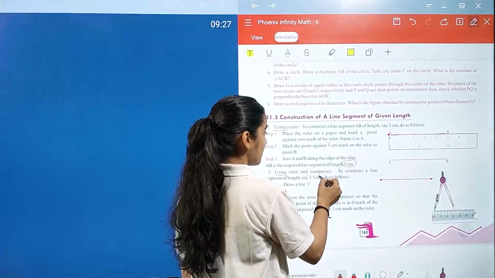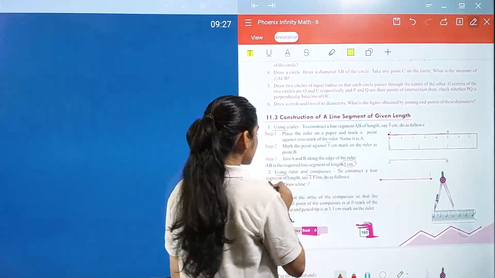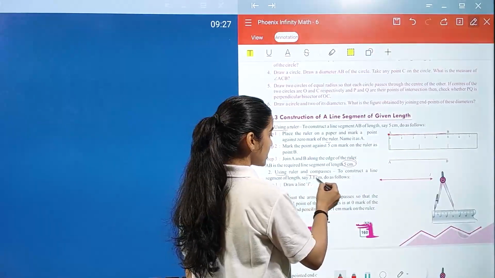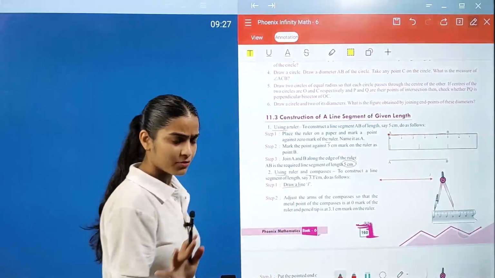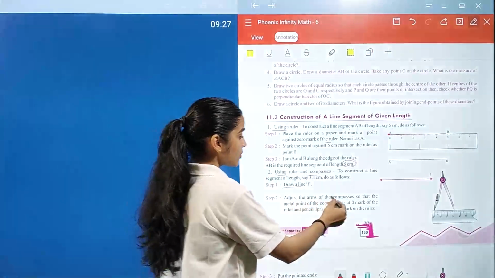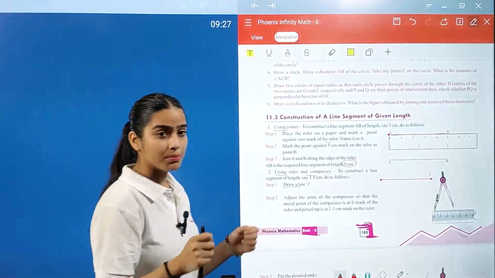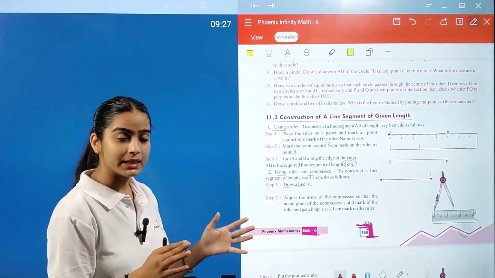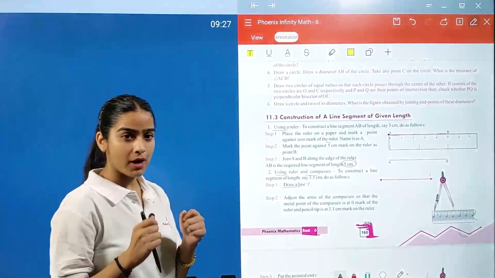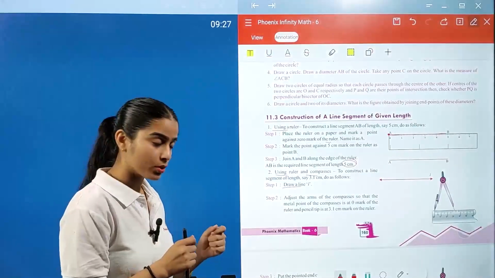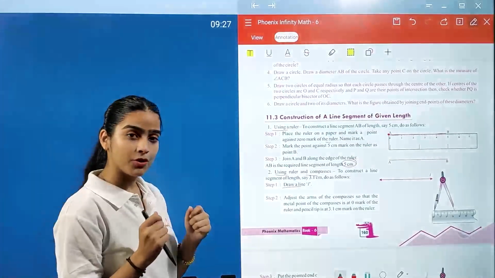Using a ruler and compass, to construct a line segment of length 3.1 centimeter, do as follows. Draw a line L. Any random measurement, you just have to draw it. Adjust the arms of the compass. So now you have to open your compass. The distance between your metal tip and pencil tip should be 3.1 centimeter. You have to take this measurement with the help of your ruler.